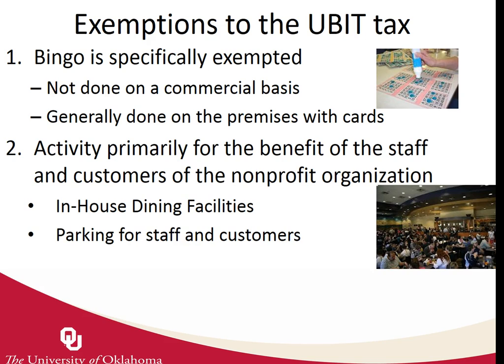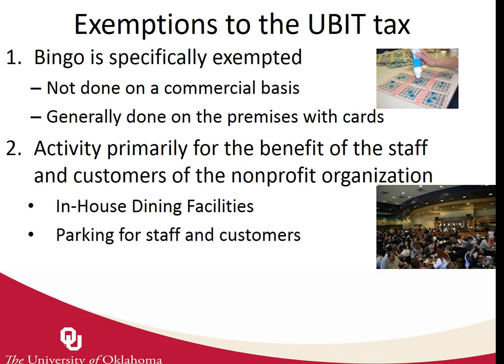Activities primarily for the benefit of the staff or customers of the nonprofit organization. For example, the in-house dining facilities in a hospital. The hospitals work 24 hours a day. The nurses, the doctors, the people that work there need a place to eat. And even though it may be a profit-making operation, it's there primarily for the purpose of meeting the needs of that nonprofit organization.